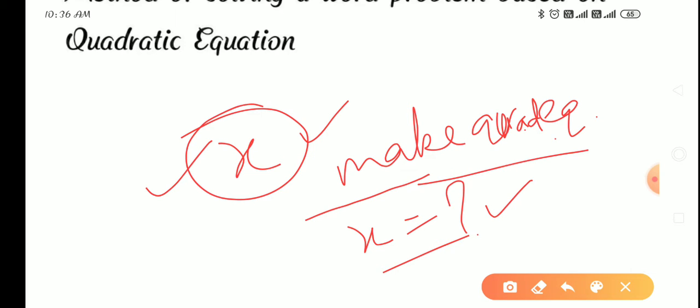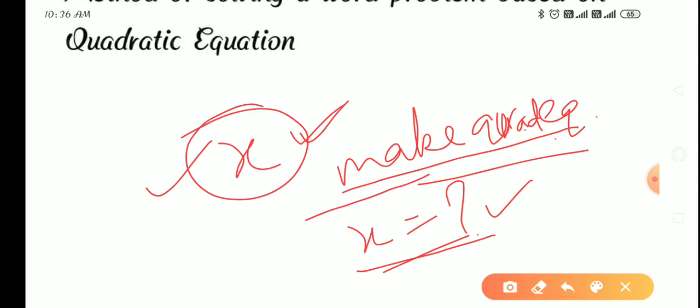One more time I am telling you the method. You take the unknown thing, what you have to find, as x. With the help of the given condition, you make one quadratic equation. Solve the quadratic equation and find the value of x. Two values of x you will get, because it is a quadratic equation.